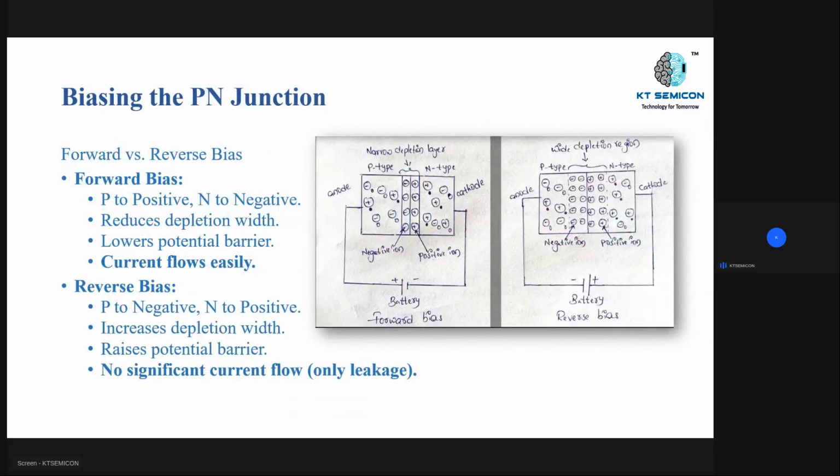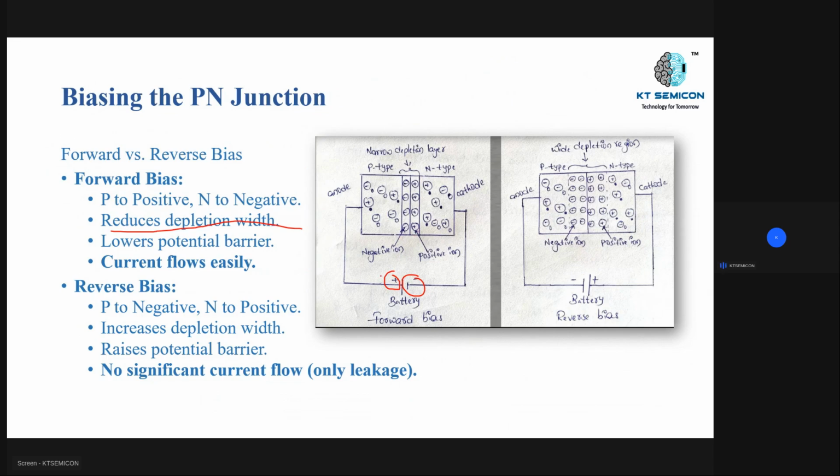So this is the forward bias. For forward bias, the p-type is connected to the positive side and the n-type is connected to the negative side, right? And it reduces the depletion width. Before that we have some depletion region when we combine both p-type and n-type. When we apply positive voltage at the p-type and negative voltage to the n-type, my depletion width decreases.